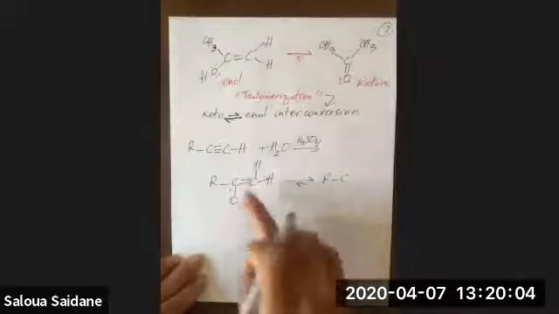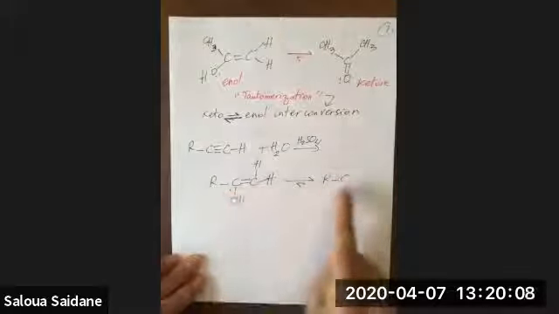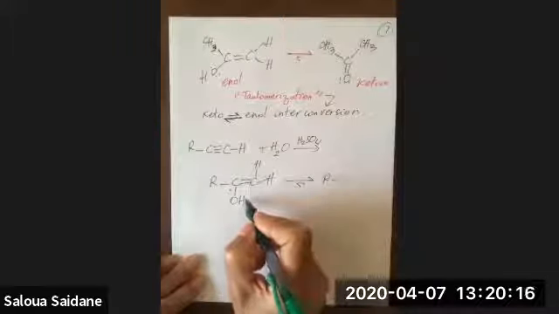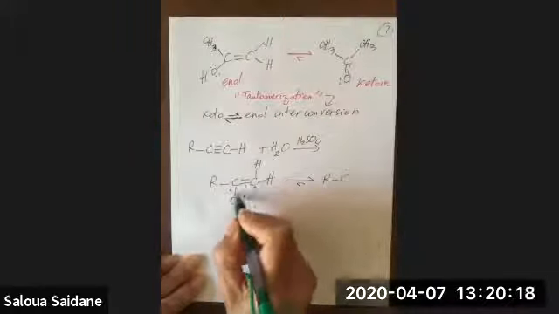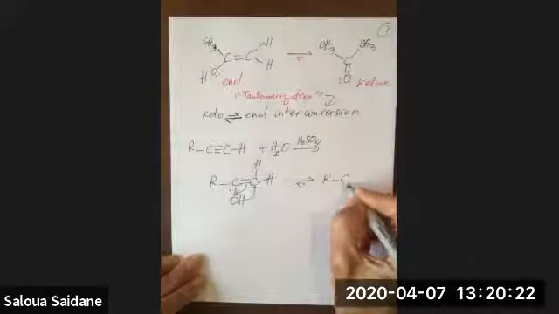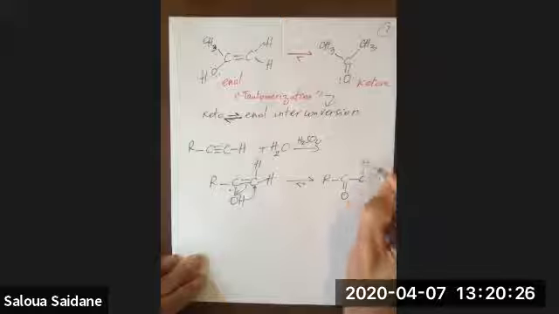So that's how you write the enol-ketone tautomerization process: this H will move here, this bond will move here, and we end up with R-CO-CH3.